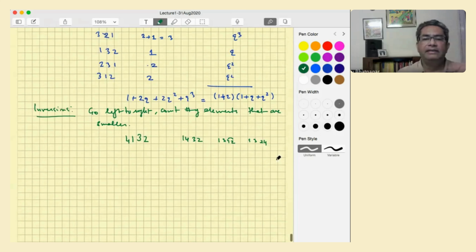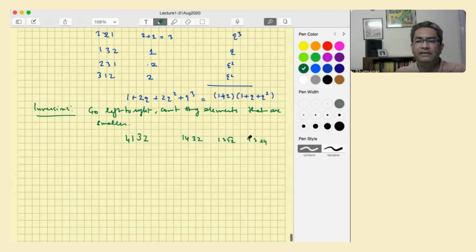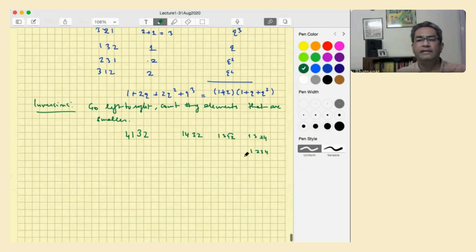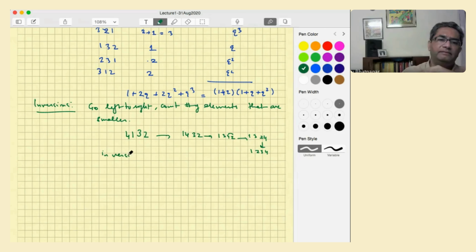Now I start here. This is fine. This is an inversion, and I flip that. So the inversions keep track of the number of flips in sorting it, the number of transpositions to sort the permutation.